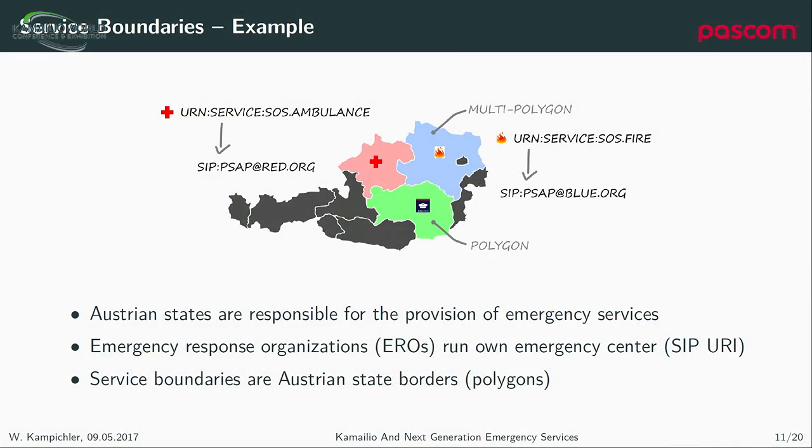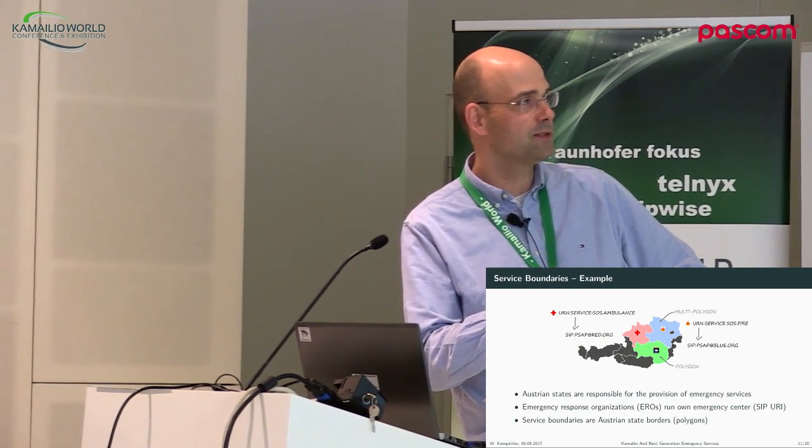Here's an example. I just used Austria because it's a small country, so it fits on the screen. These are our federal states in Austria. We have nine federal states, and here's just an example. This is the state of Lower Austria. If you use the service URN service SOS.fire, for instance, it would then perhaps map to zip psub at blue.org, for this area.